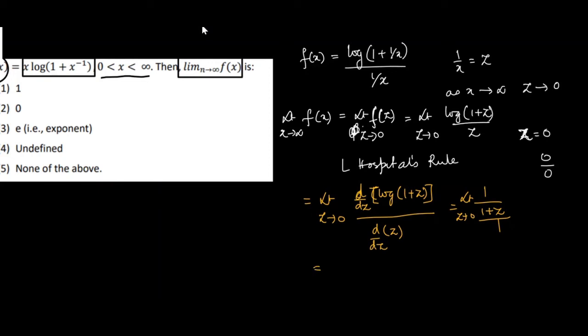So this is equal to limit z tending to 0 of 1 by (1 plus z), which is equal to 1. So option 1 is the correct choice.